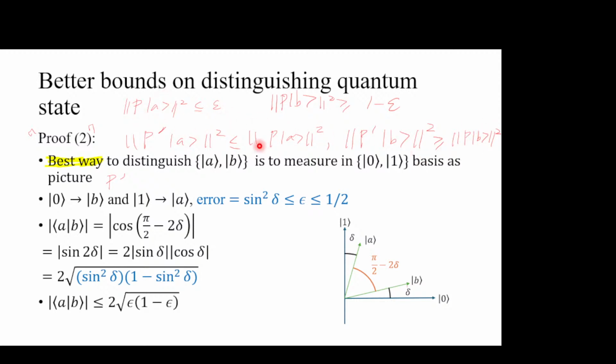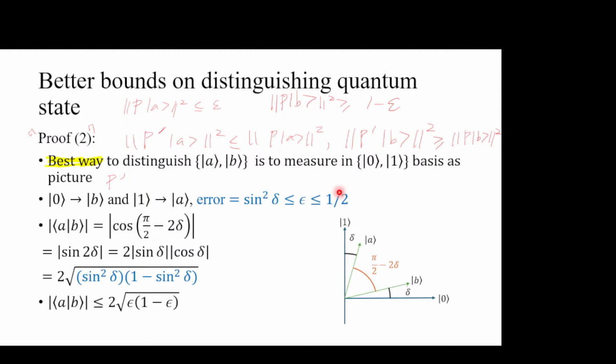If you string those inequalities together, you see that P prime on A squared is also less than epsilon, and P prime on B squared is also greater than 1 minus epsilon. You should be able to do this analysis. Just a small detail. Sorry for the confusion.